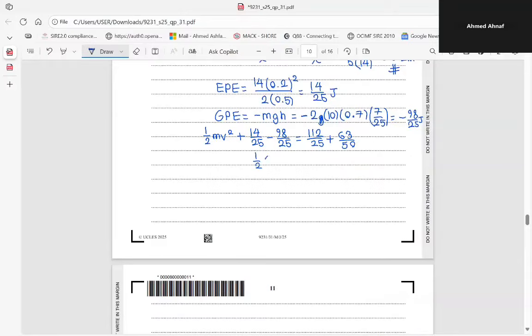So m is 2, and then v squared. Move all the constant terms to the right-hand side. That's 98 over 25 minus 14 over 25.